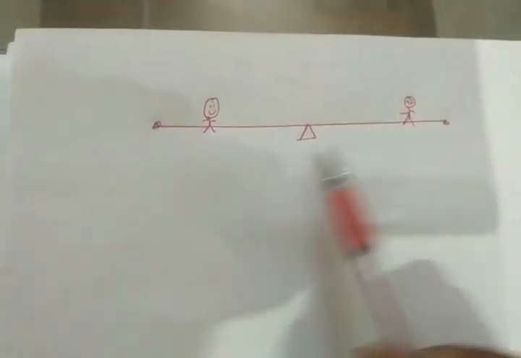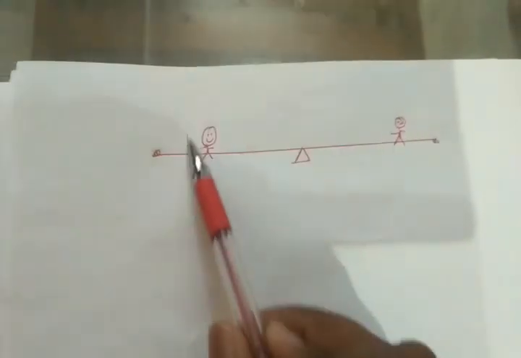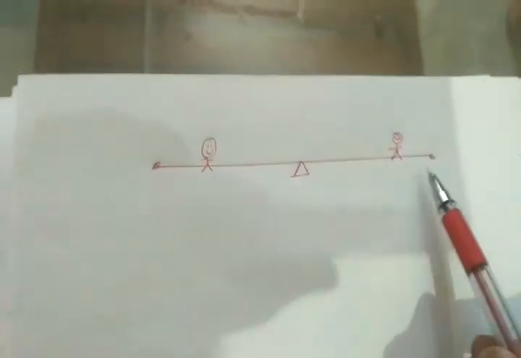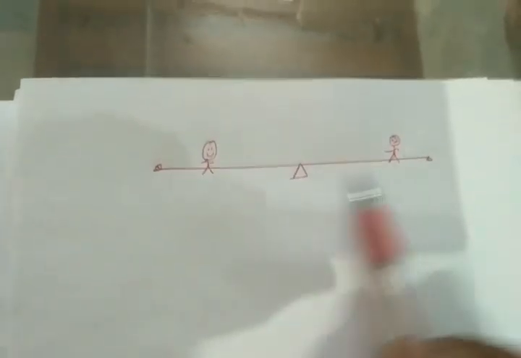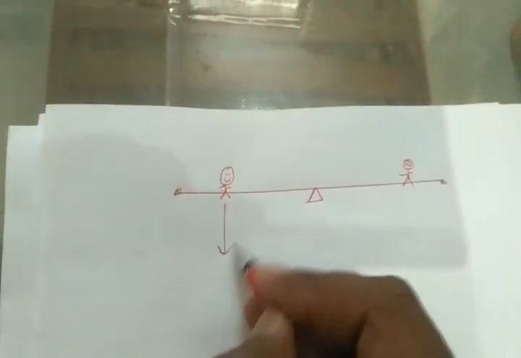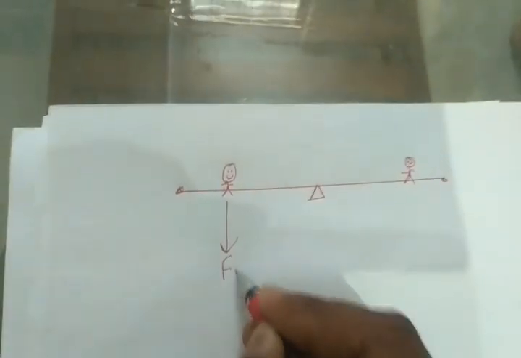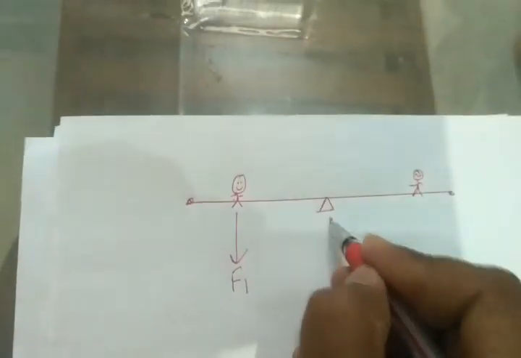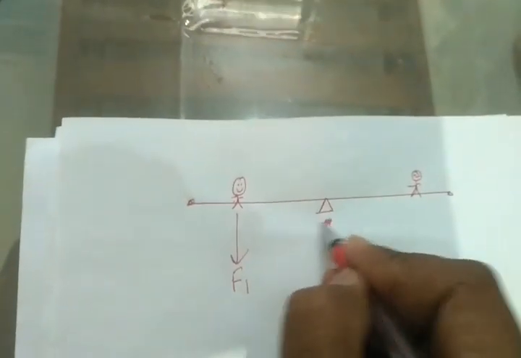Take an example like a seesaw, where one student is sitting on this side and another on the other side, and the seesaw is balanced. All the distances must be measured from the fulcrum.